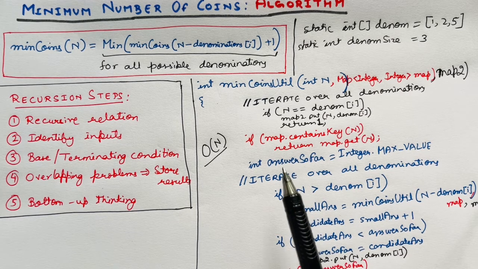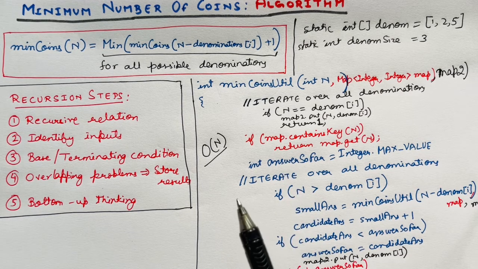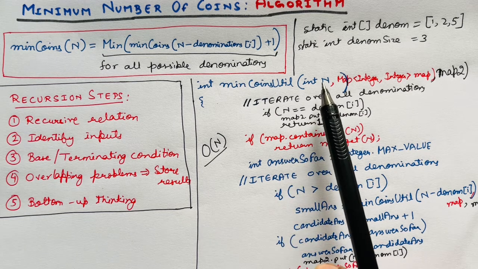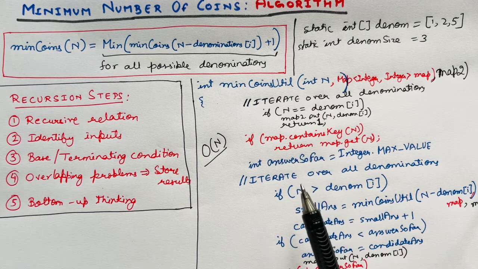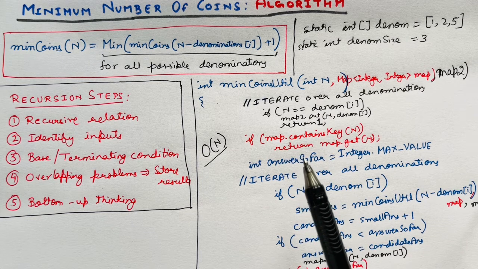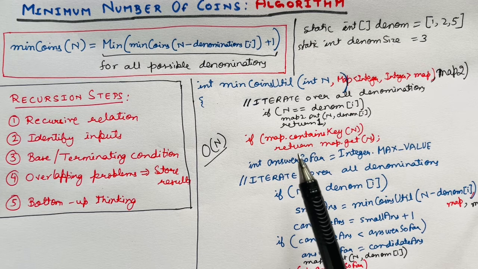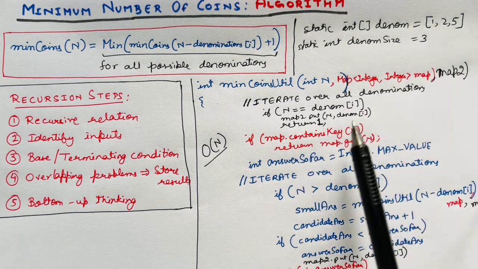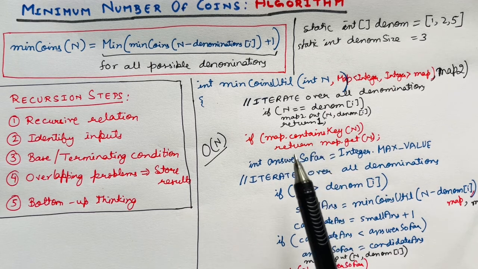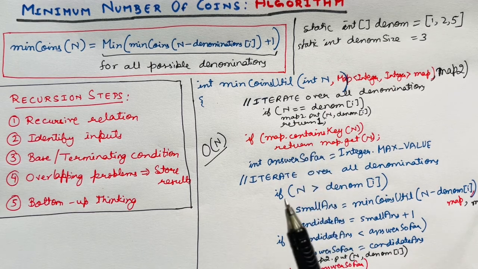Another thing about base conditions is that they should be exhaustive. That means we may start with any input, but after going down the recursion path, it should end at one of the base conditions. So this n equal to any of the denominations' value satisfied this condition as well. So we added this base condition.